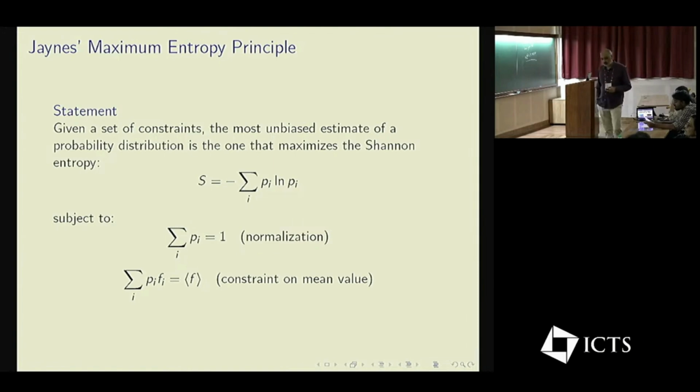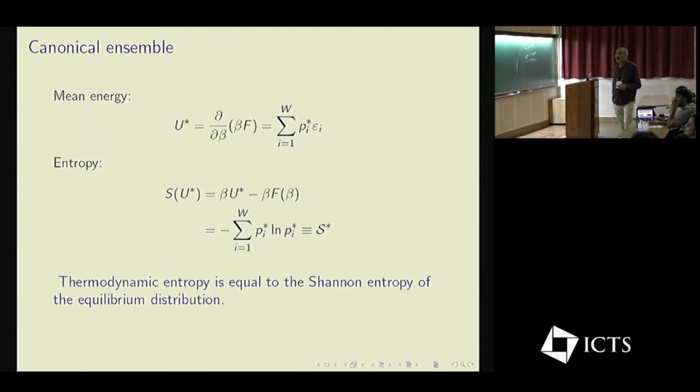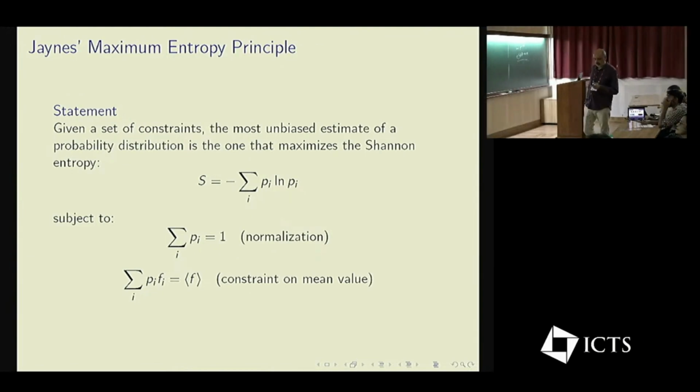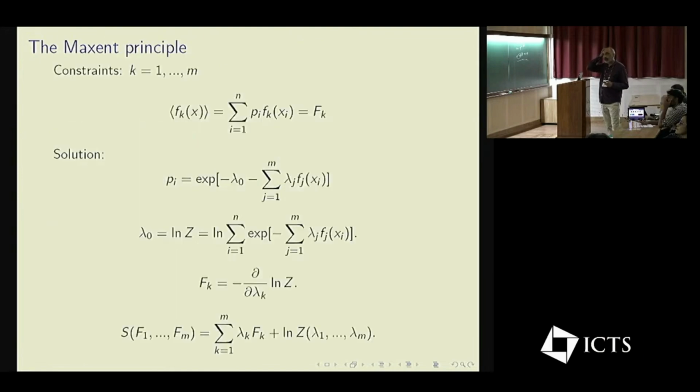Jaynes was inspired by this observation that at equilibrium, the entropy is actually given by the Shannon form of the entropy. And so he said that if you maximize this function subject to these constraints, then you arrive at the most unbiased estimate of the distribution.